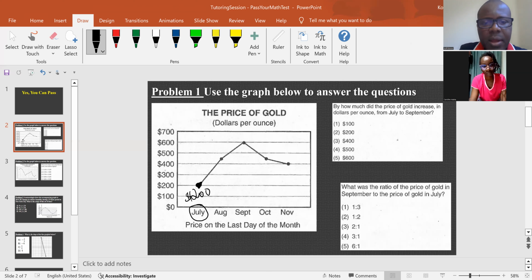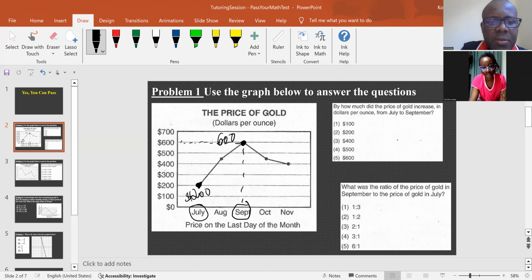Now in September, you go to September, which is here, and you try to find the point on the graph related to September. That's the point here, 600 up. So the price for this point is $600.